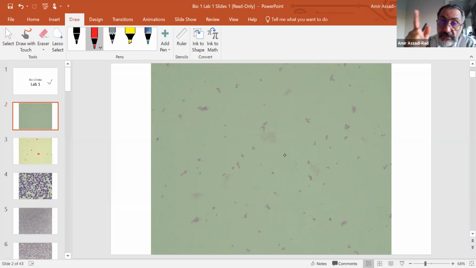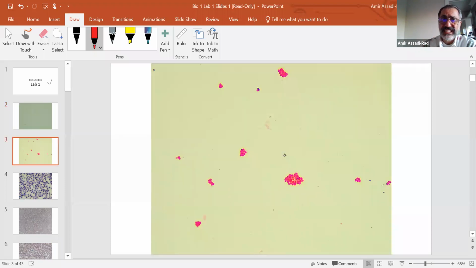I might also ask what type of cell. The type of cell is a prokaryote. So type of cell prokaryote, name the organism for now as a bacteria, and kingdom bacteria. Same as the next slide. These are all bacteria, a cluster of them. We will revisit these slides later on.